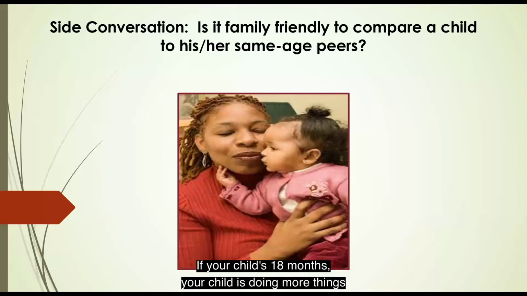If your child's 18 months, your child is doing more things that a 9-month-old child would do. But we do owe it to families to let them know truly where their child is functioning. One, it'll give them a much better picture of what success looks like for their child. And two, they'll be much more knowledgeable about their child's delays or disabilities.